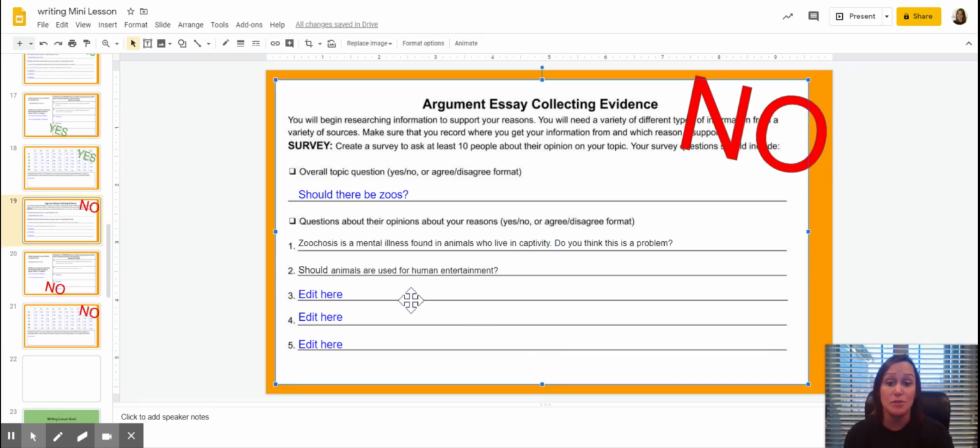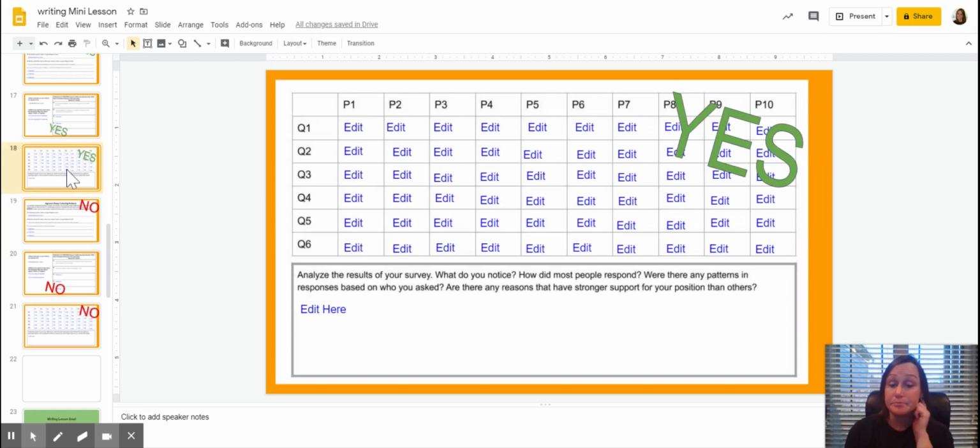Before you're done today, you must have 3 to 5 questions. Now, moving forward, tomorrow, your assignment, you're not going to have a lesson to watch, but you are going to perform the survey. So you are going to pull up the next slide that looks like this, and you're going to ask the first question to the first person that you're interviewing.